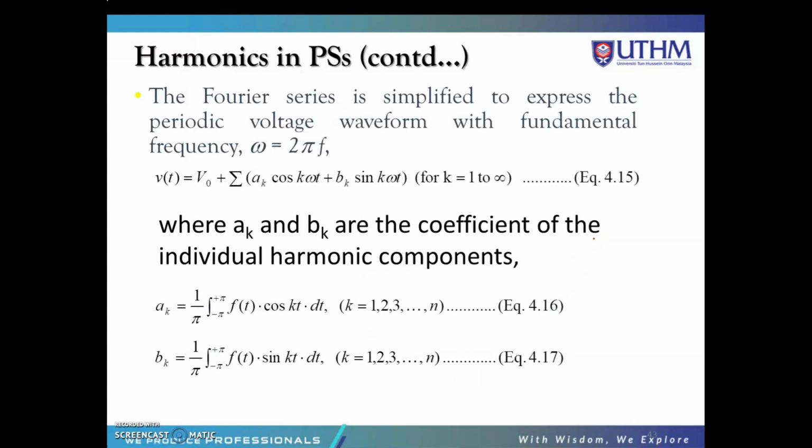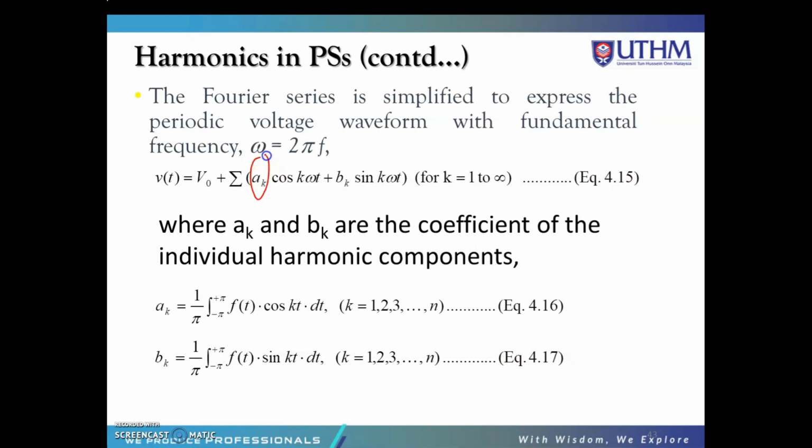The Fourier series is simplified to express the periodic voltage waveform with fundamental frequency omega equivalent to 2 pi f. So we can use equation 4.15 to express the periodic voltage waveform, where AK and BK are the coefficients of the individual harmonic components.